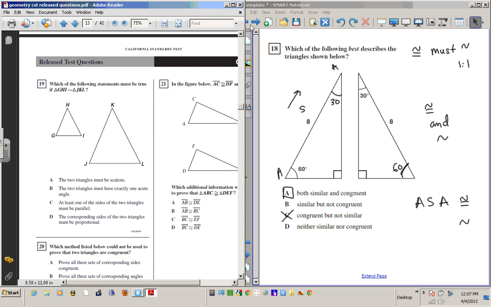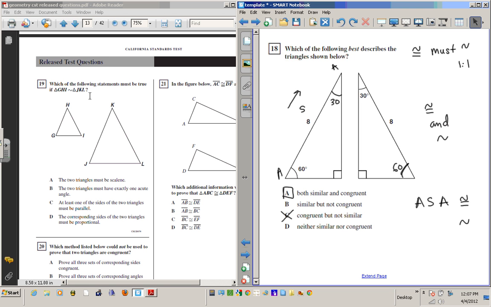It says, which of the following statements must be true in order to show that triangle GHI is congruent to triangle JKL? Okay, so it says two angles must be scaling, two triangles must have exactly one acute angle.